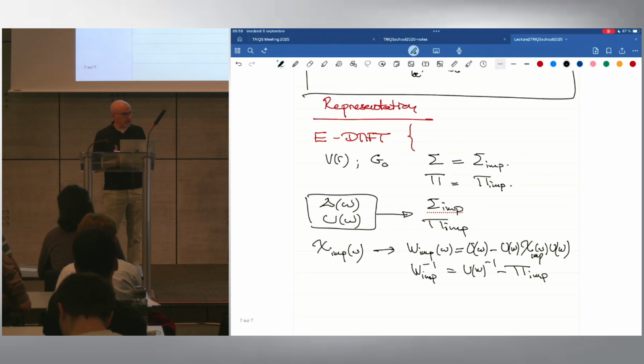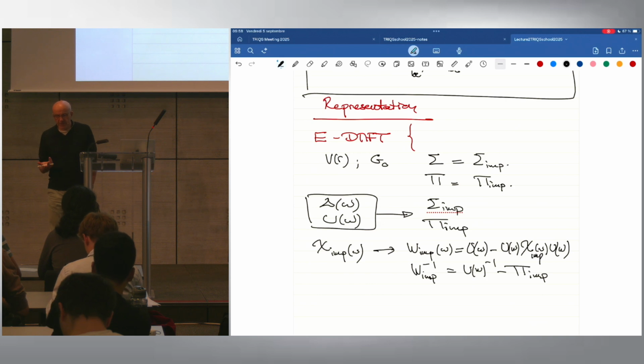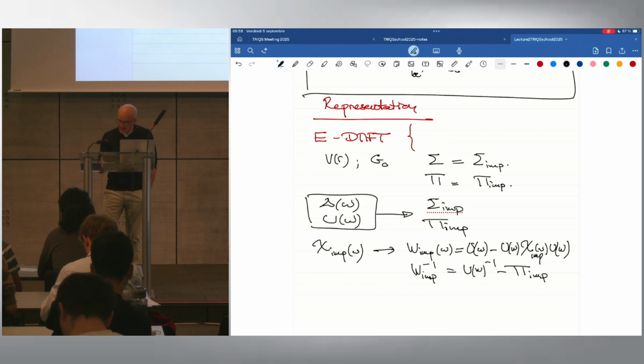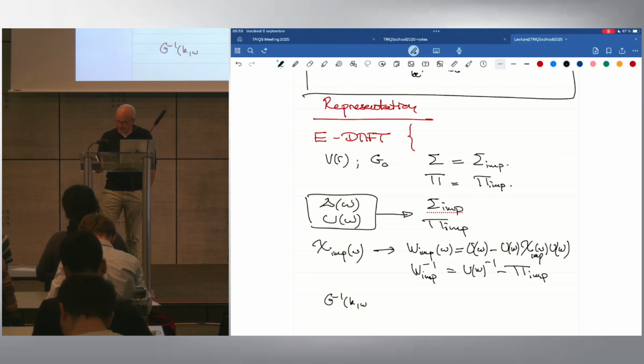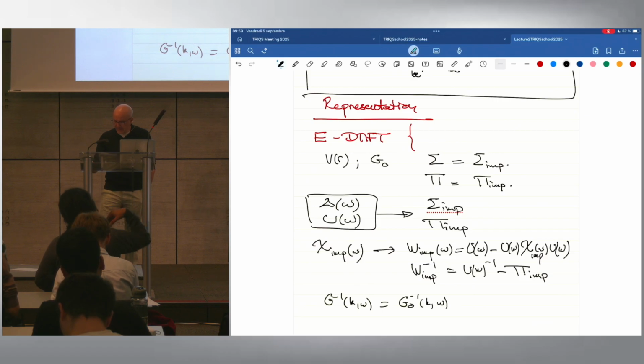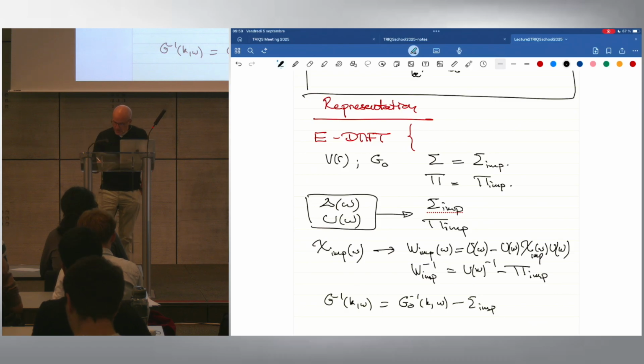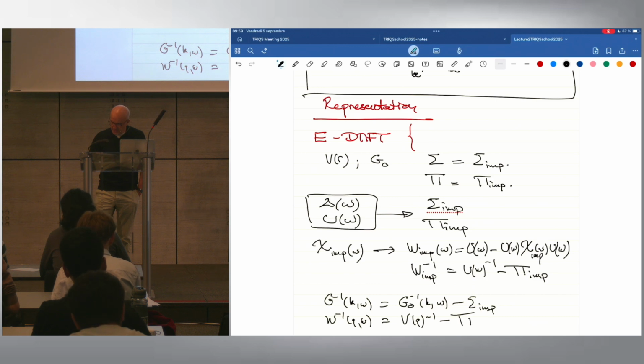And now I close the equations by using the Dyson equations, right? So I know that G inverse of K and omega now for the whole lattice is G naught inverse of K and omega minus sigma that I'm going to approximate as sigma imp, right? And similarly, W inverse of Q and omega is V of Q inverse minus pi that I'm going to approximate as pi imp of omega.